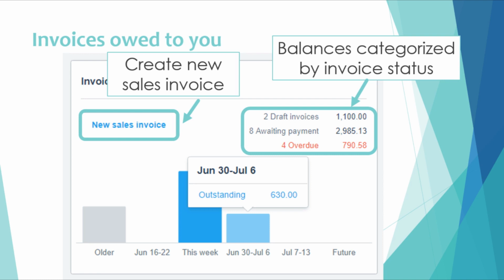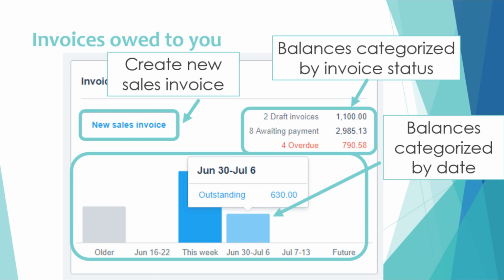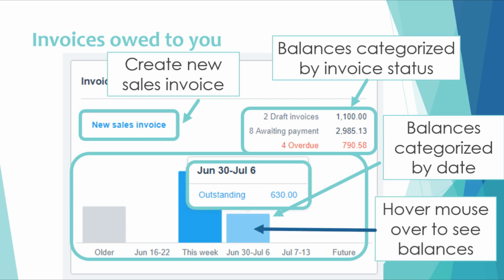You can also see here the balances categorized by date, whether it is due this week or next week or the following week, everything will be listed here. You can hover your mouse over and a little pop-up will appear to show you the balances.